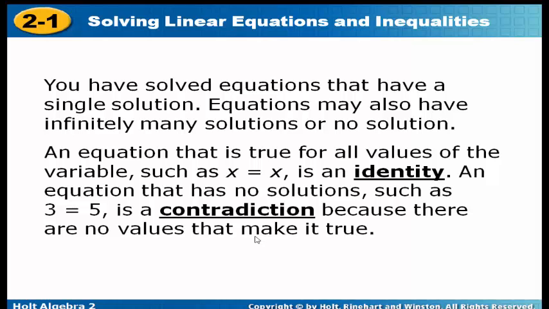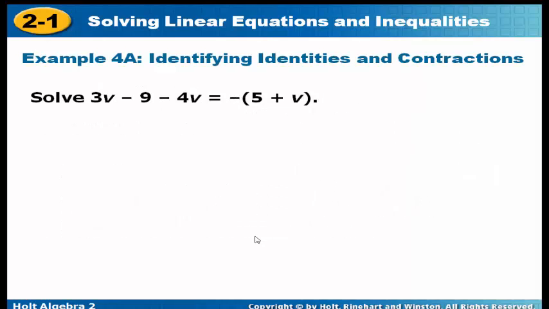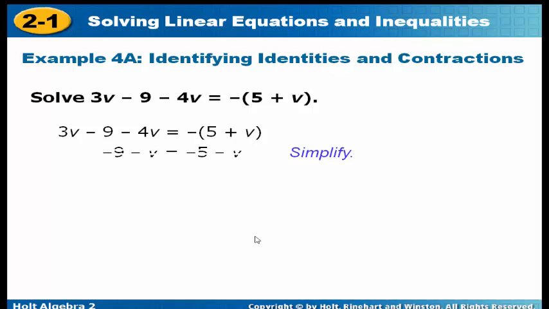make it true. For example, 3v minus 9 minus 4v equals negative 5 plus v. Simplify: 3v minus 4v equals negative v, and distribute the negative on this bracket, so negative 5 plus v. Switch the sign.